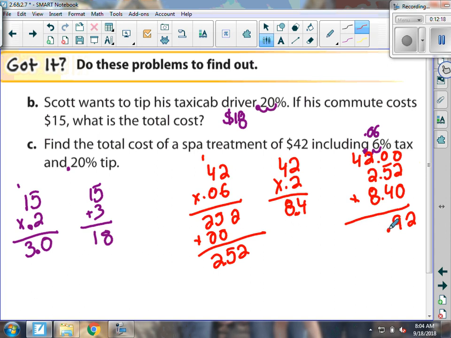Bring down my decimal. 8 plus 2 is 10. Plus 2 is 12. And 4 plus 1 is 5. So it comes to a total of $52.92 for the spa treatment.